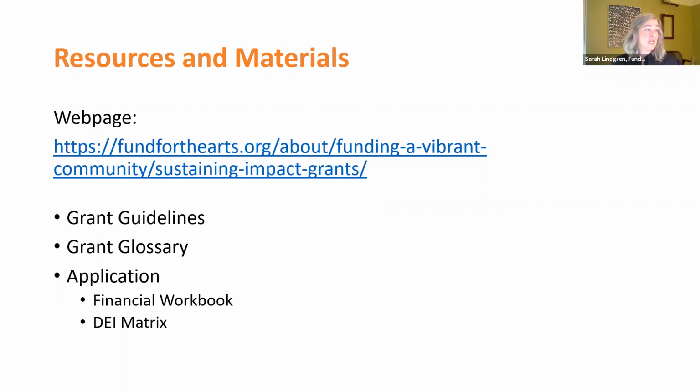Okay, so back to the Sustaining Impact Grant page. You will find the grant guidelines, which is a document that will include a lot of the information that we walked through today. It also includes the entire criteria and scoring rubric that the reviewers use. So we strongly recommend that you pull up that guidelines document and read it through and refer to it throughout your application process if you have questions.